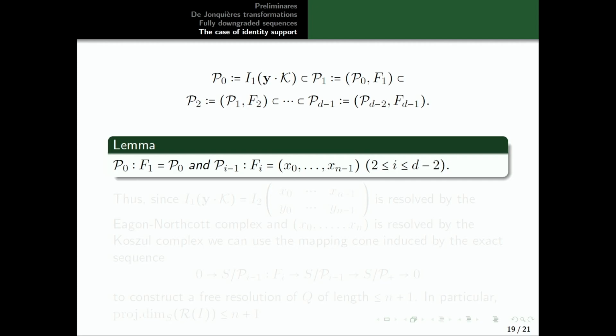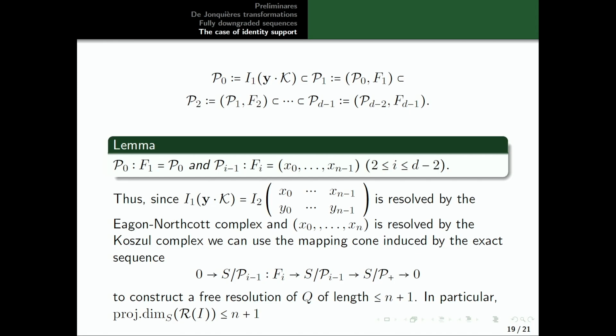With this lemma, we can prove, since the ideal I can be seen as the ideal generated by the entries of the product Y times K, that we can see this ideal as the ideal generated by the two-minors of this generic matrix.